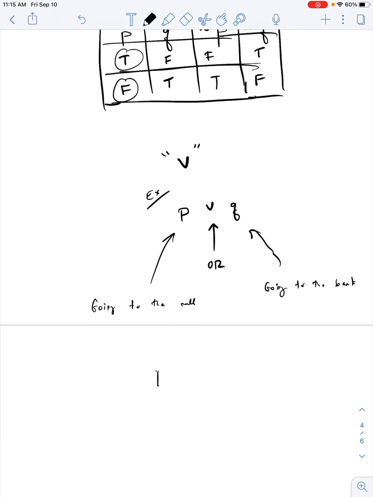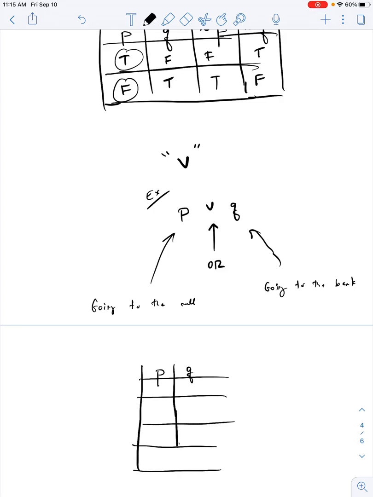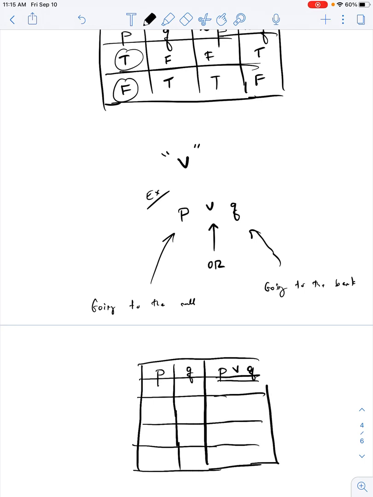Right? So if we had a table and we were asked to complete it, make this table a little longer here. Let's take a look here.